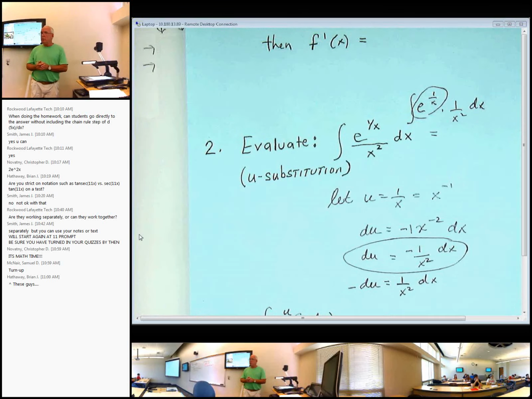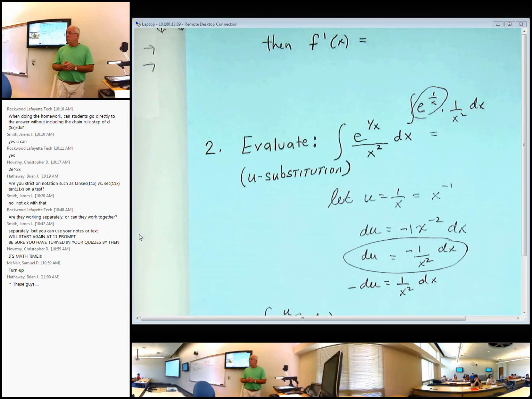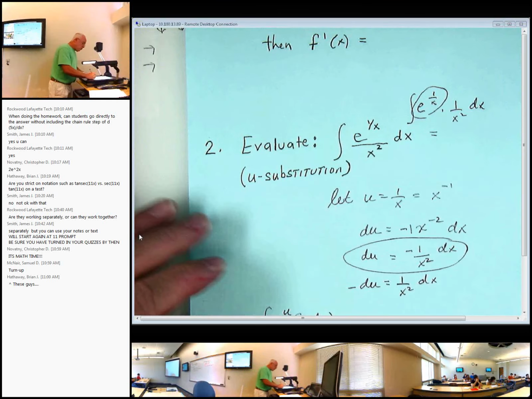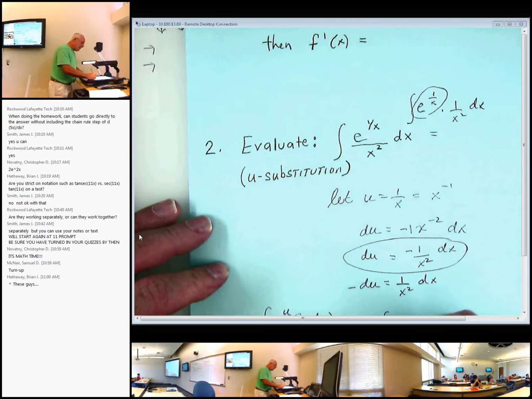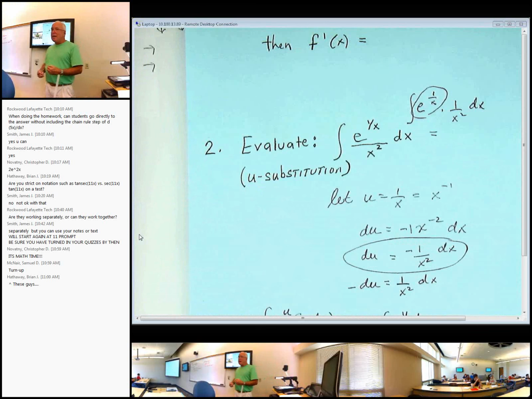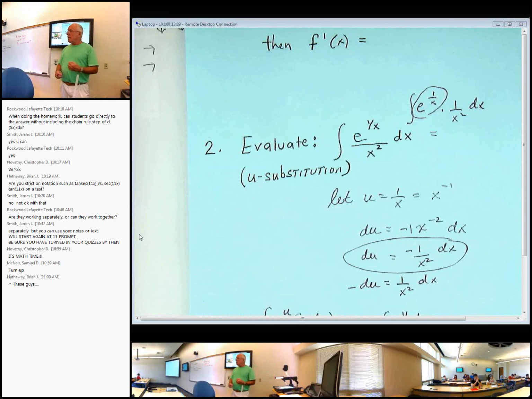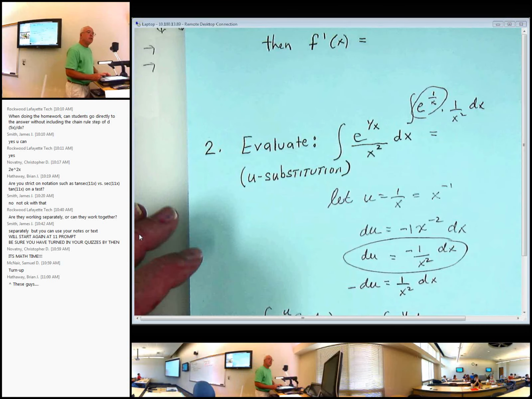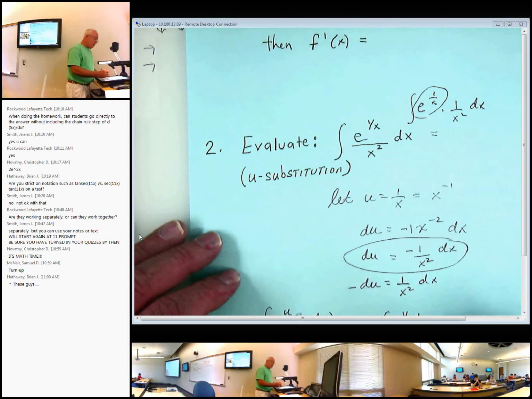How are we with this? This is equal to, of course, we put the minus sign out front. We don't stick it in the middle like that. So my replacement integral is minus the antiderivative of e to the u. We use the fact that the antiderivative of e to the u is e to the u.